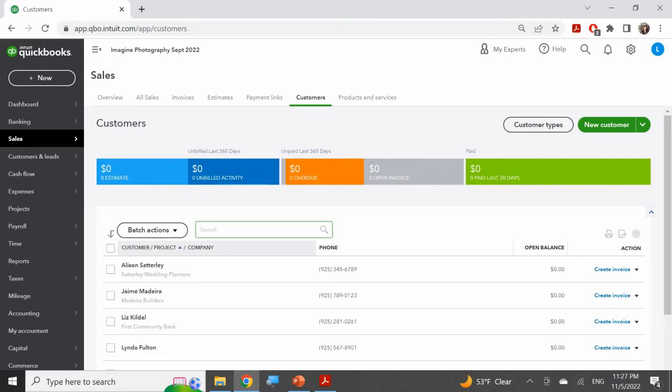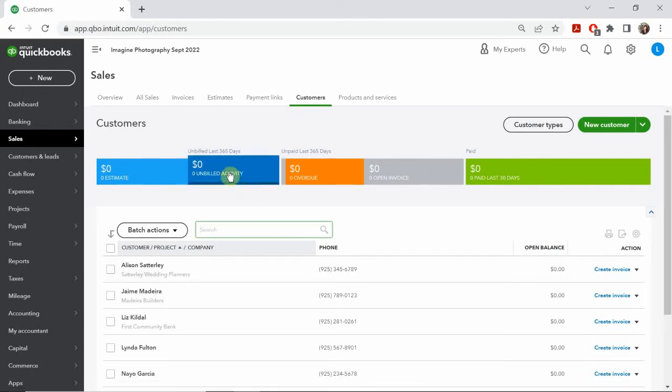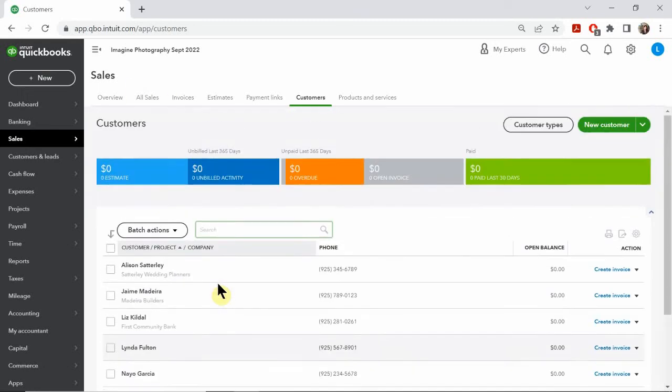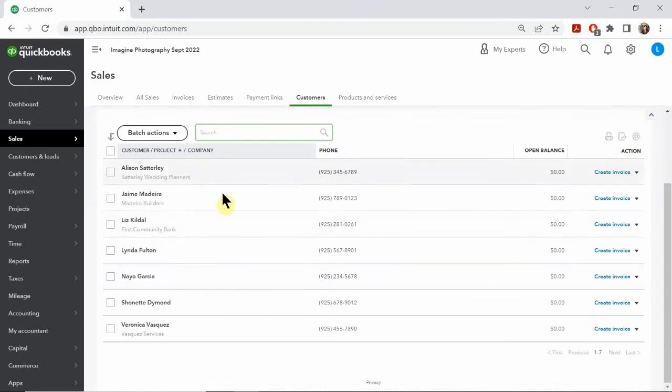How many of those invoices have you received payments for? That's what this top bar does: it allows you to separate your transactions based on who owes you, and how much money these individual people owe you. So here you go, you have your 7 customers here.